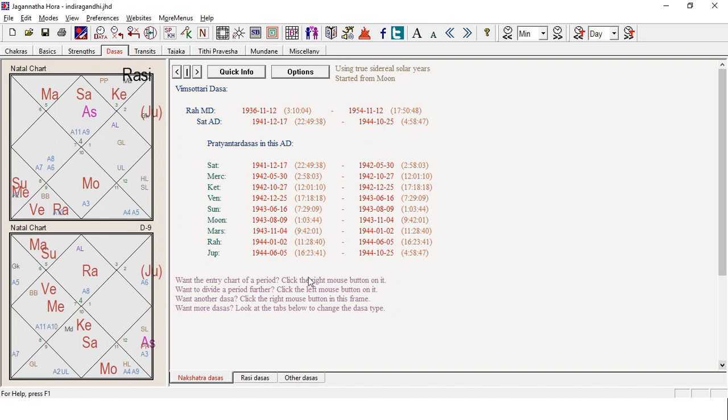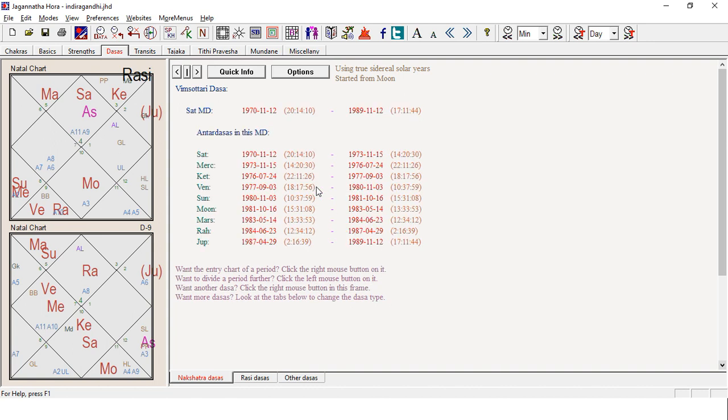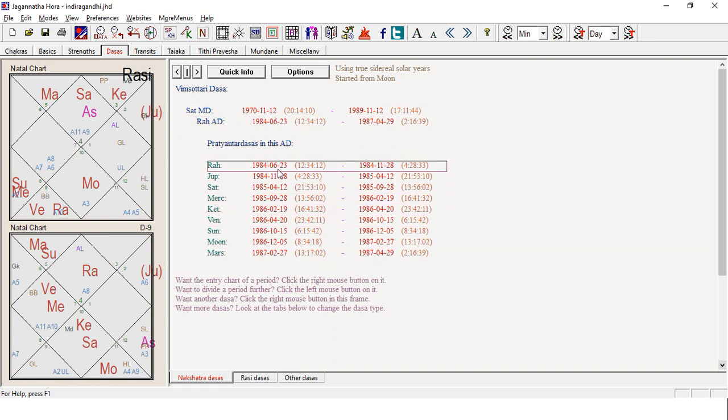Now let us come back to Saturn's Mahadasha, which started from 1970. In the Rashi Tulya Navamsha chart, Saturn is the 7th and 8th lord, sitting with Ketu, and Moon has gone into Nidhanamsha. Now we see Saturn's Mahadasha, Rahu's Antardasha and Rahu's Pratyantardasha.